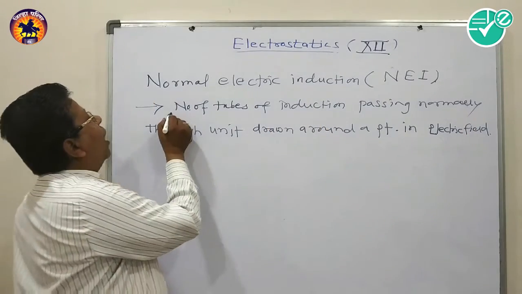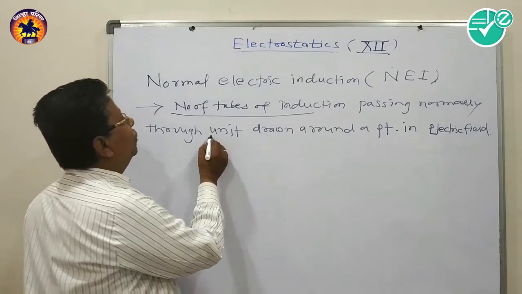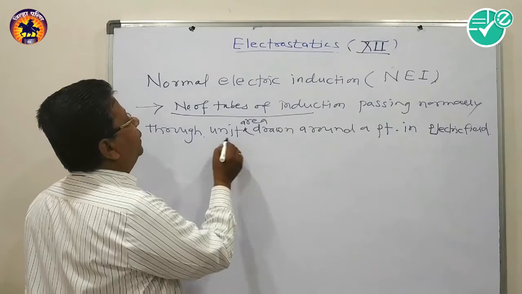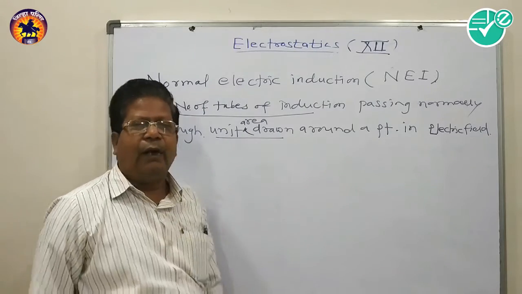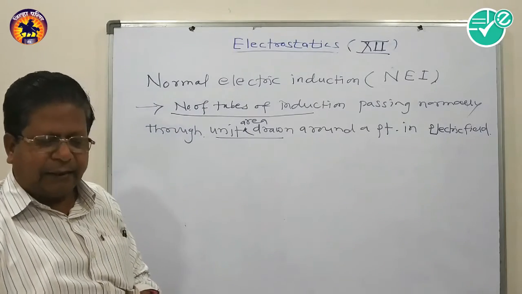So normal electric induction is nothing but how many tubes of induction are passing normally through unit area drawn around a point in an electric field.